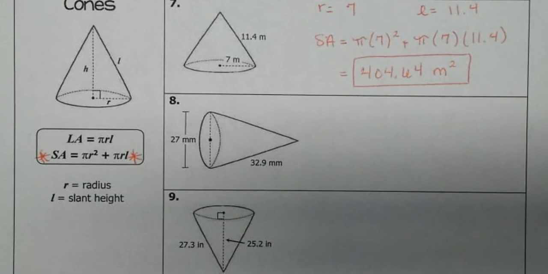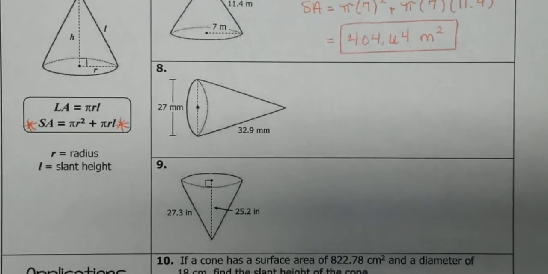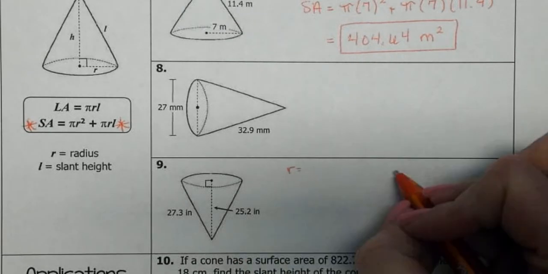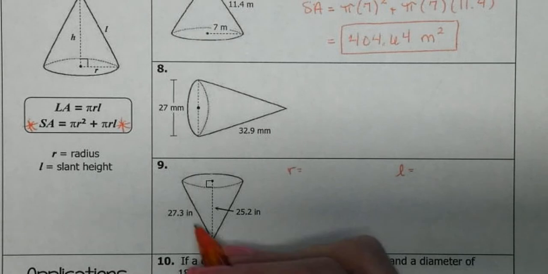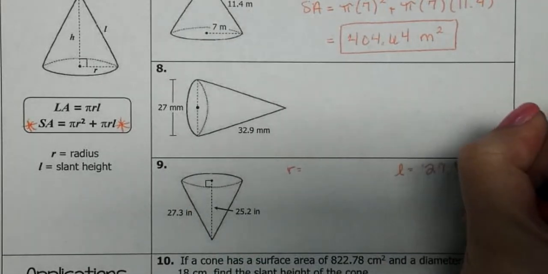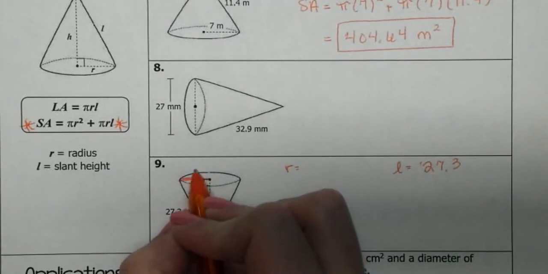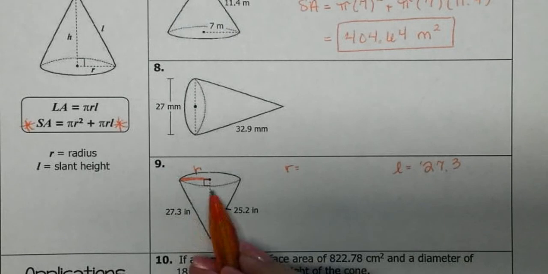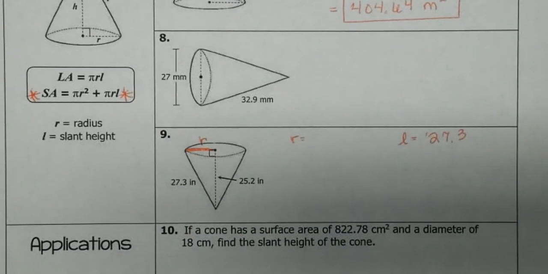So I'm going to skip down to number 9 next. Need radius, need slant height. Okay, it gives me the slant height right here. It is 27.3. But it does not give me my radius. But I have a triangle formed here, so I could use the Pythagorean theorem to find my radius.